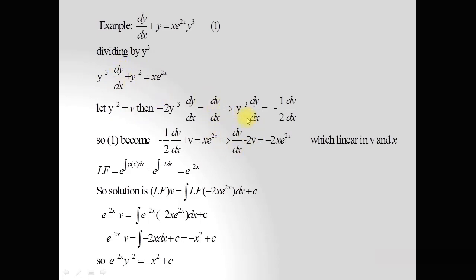In the linear equation, the dependent variable will be v if we use the substitution y^(-2) = v. When you convert this equation into linear form, first find the integrating factor, but before finding it, convert the new differential equation into the standard form of a linear equation.